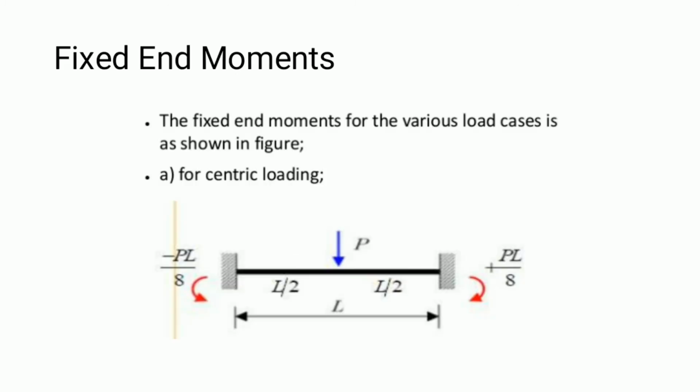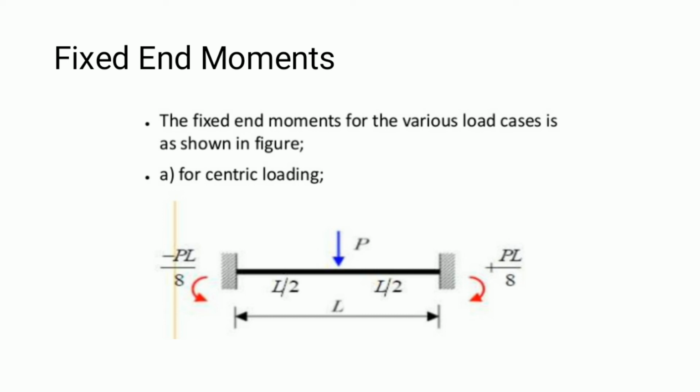Coming to the next concept, fixed end moments, I have considered some important load cases wherein the fixed end moments are calculated. The first case is the center concentrated load.